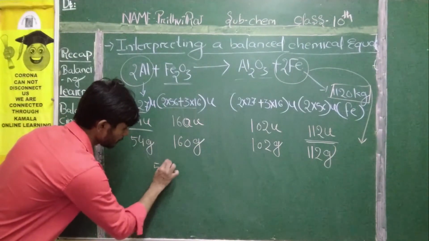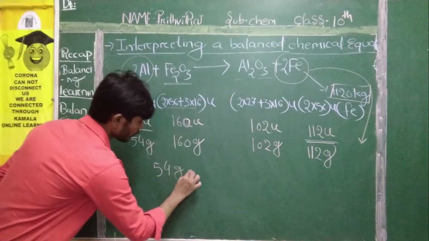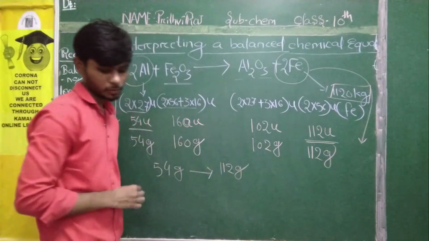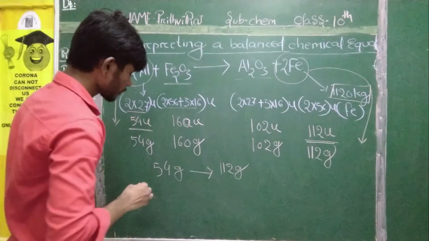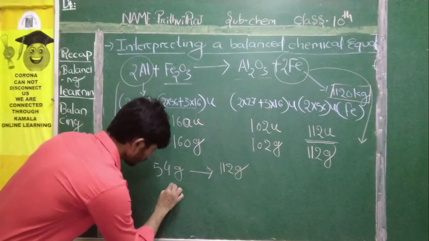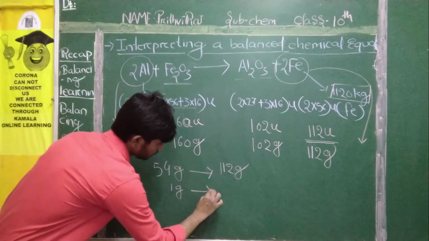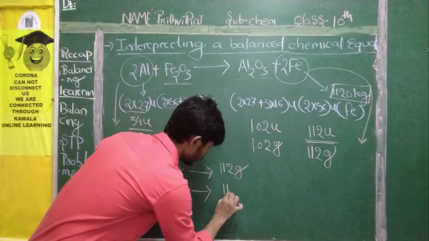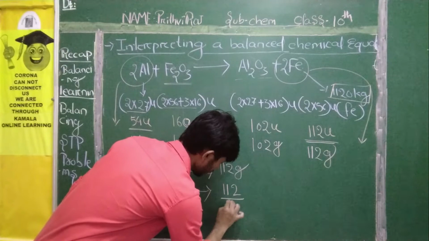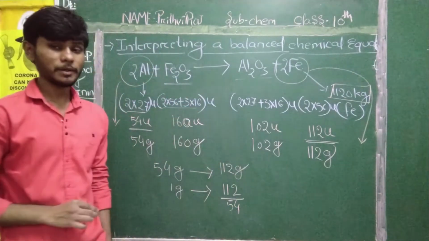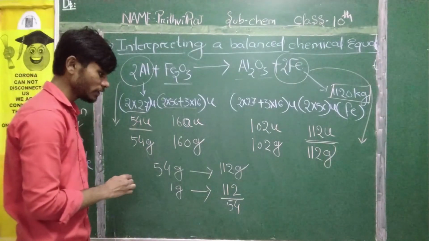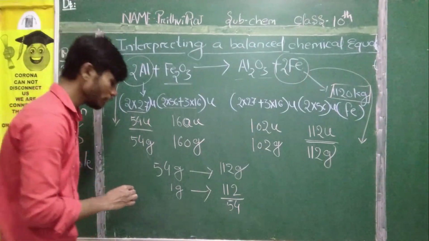Very simple mathematical things. 54 gram gives us 112 gram. Then 1 gram will give us 112 by 54.